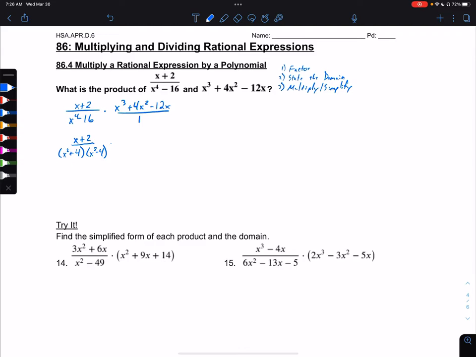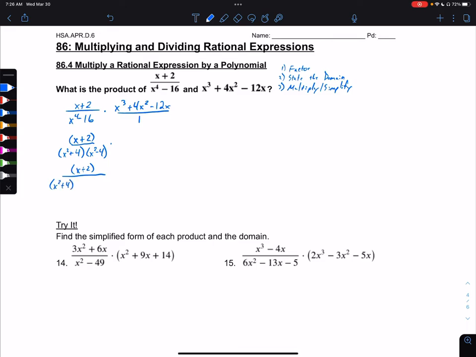I'm going to finish factoring this left side before I get to the right side. The x plus 2, let's put that in parentheses. Again, we said we can't do anything with that. But what happens here is this x squared minus 4 is the difference of squares again, because x times x would give us x squared, and 2 times 2 would give us 4. So it's our lucky day, and we get to factor it further.